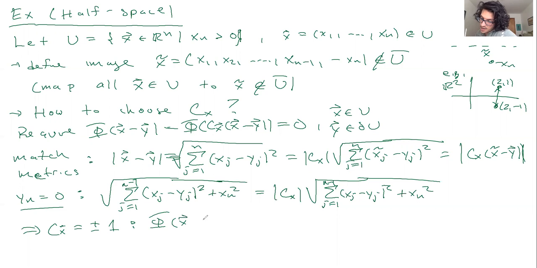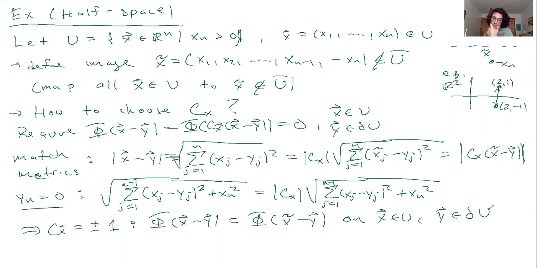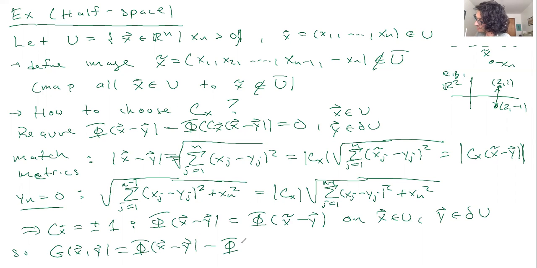And so I can just choose it to be 1, so I get phi of x tilde minus y, for x in U, but y on my boundary. So g of x, y is equal to phi of x minus y minus phi of x tilde minus y.